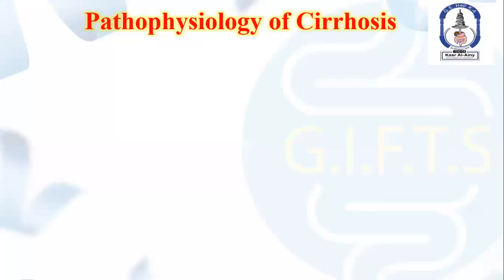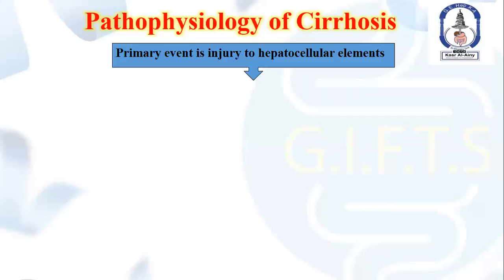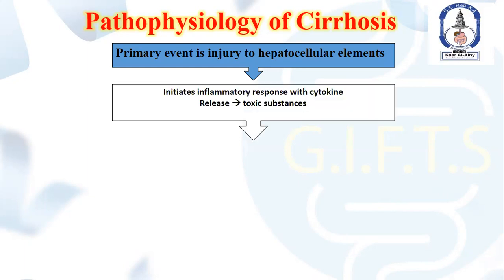This is the pathophysiology of cirrhosis, or how cirrhosis develops. As we said, we have a primary event that is causing injury to the hepatocellular elements. We will speak about such injurious things after a while, like viruses, like toxins. This initiates an inflammatory process with cytokine release.